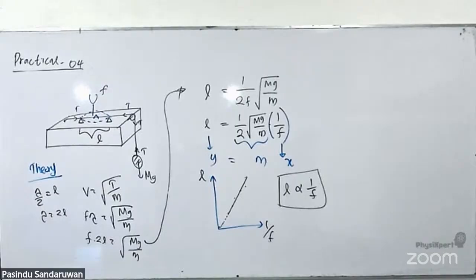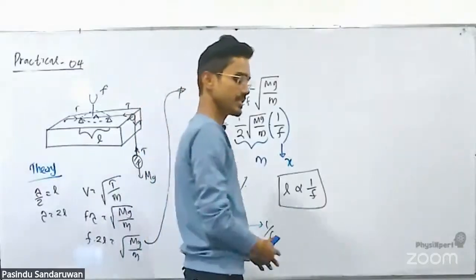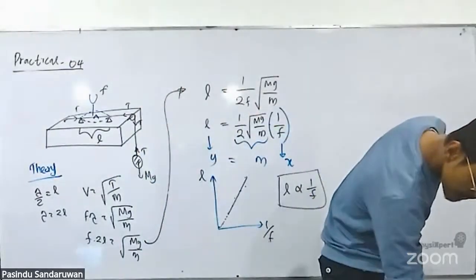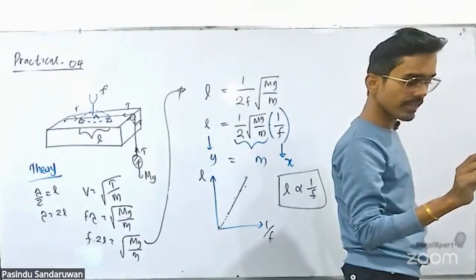All good? Right? Why are the holes in the sonometer box coming up?